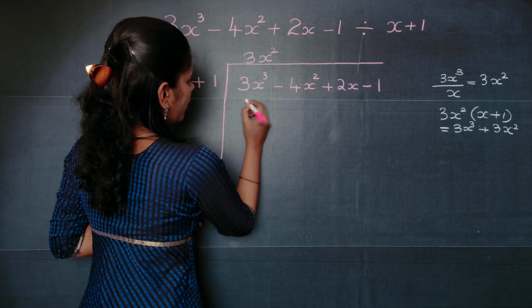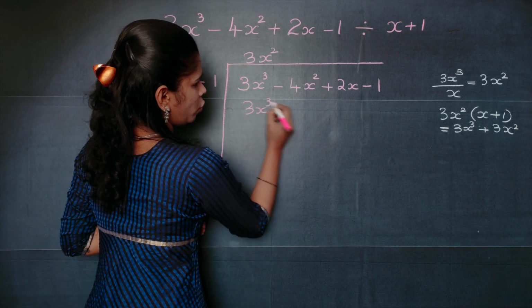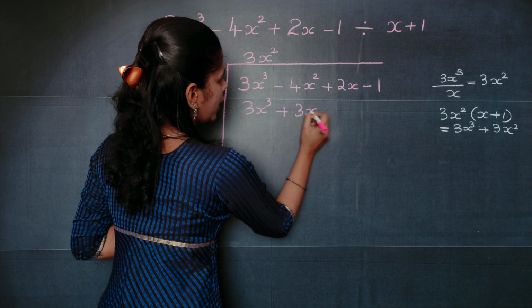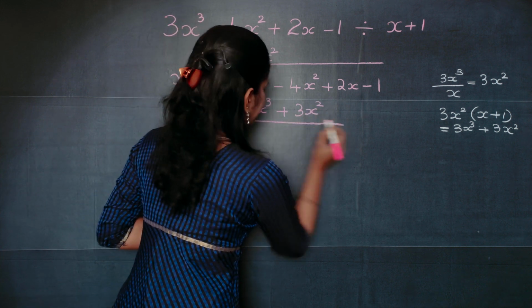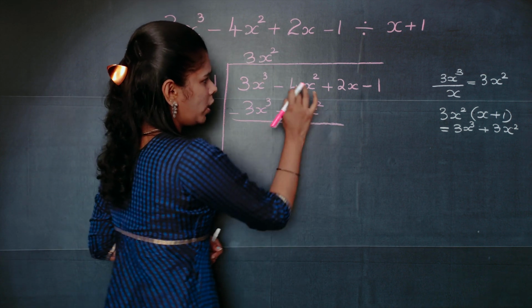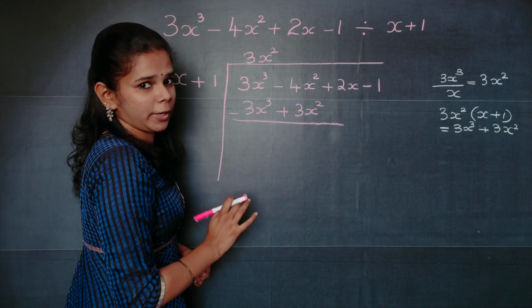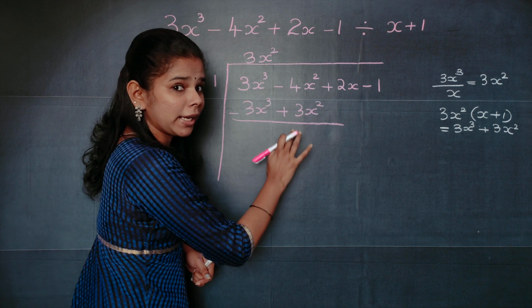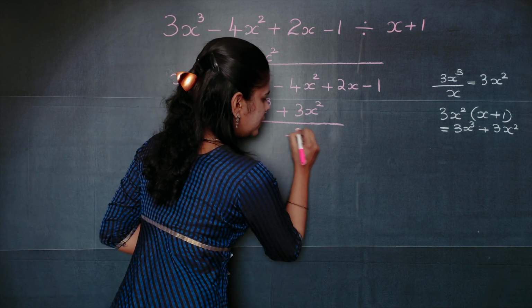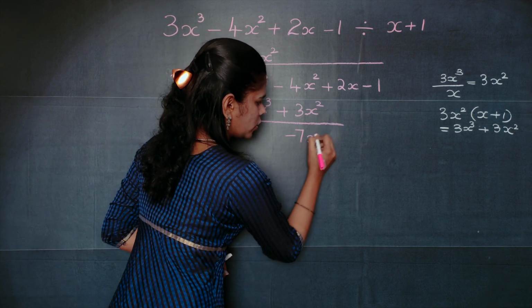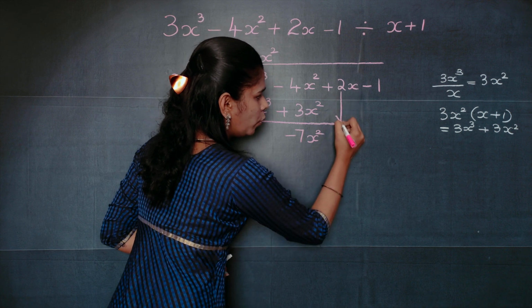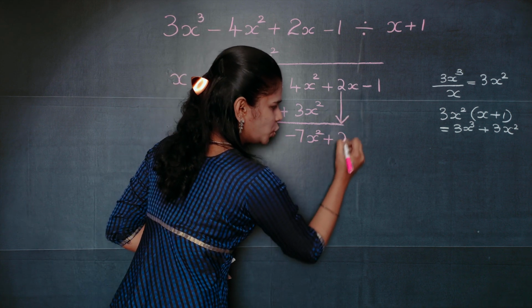So you will write 3x cube plus 3x square, and then you will subtract. So here it is 0. Negative 4x square minus 3x square, so negative 4 minus 3 will give you negative 7, and then x square. Then you will bring down the next term, that is plus 2x.